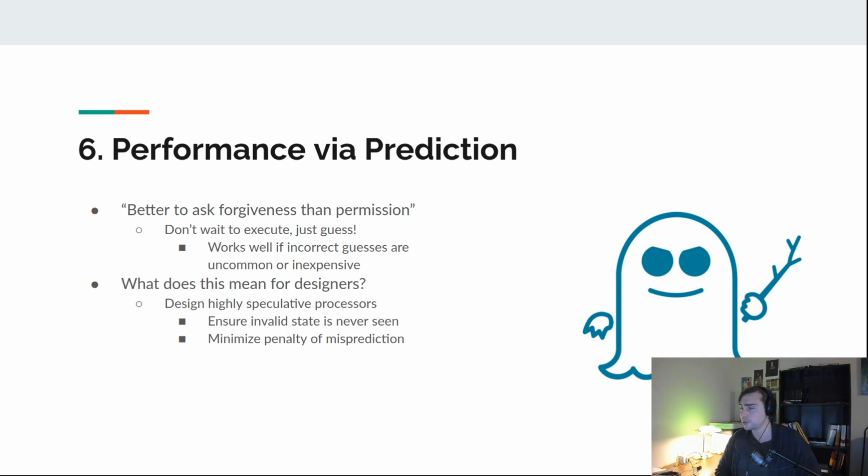There are a number of very important things related to prediction that have become increasingly important as things like Spectre have come out, which means that, coupled along with making these highly speculative processors, we often have to ensure that invalid state, when we misspeculate, is never actually visible in any way, while we're also trying to minimize the penalty of misprediction. So this performance via prediction, while it has a number of benefits, can be very tricky to get right in terms of potential security pitfalls.